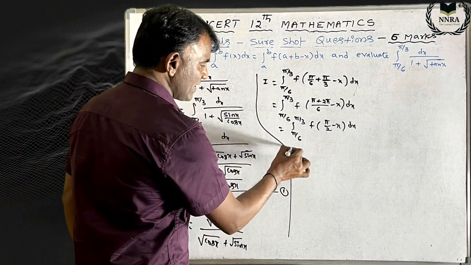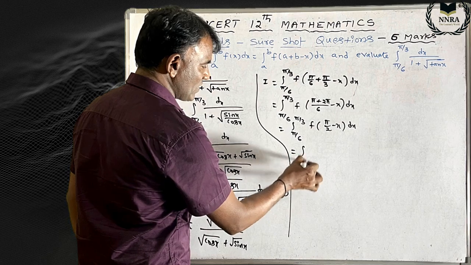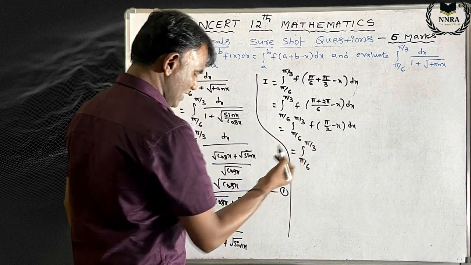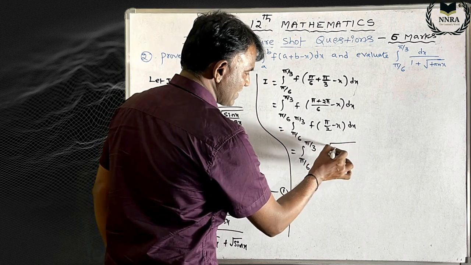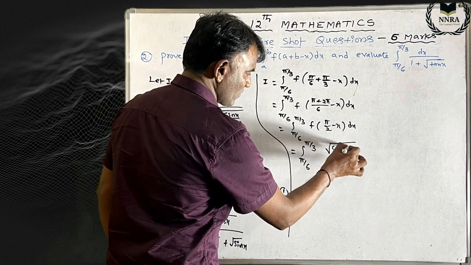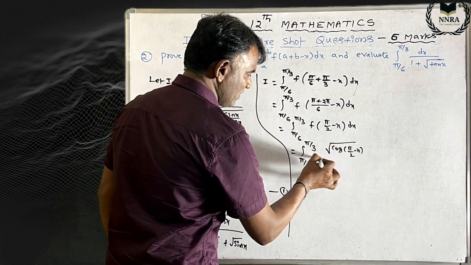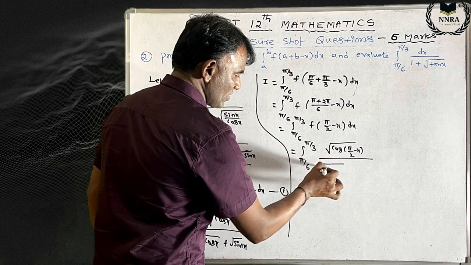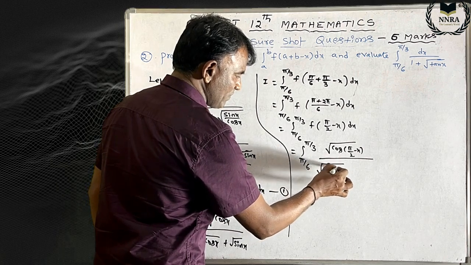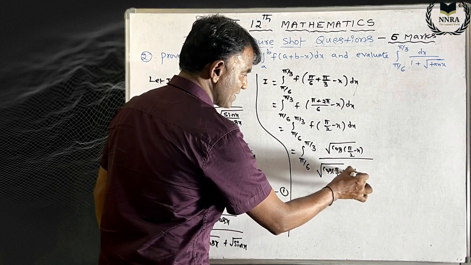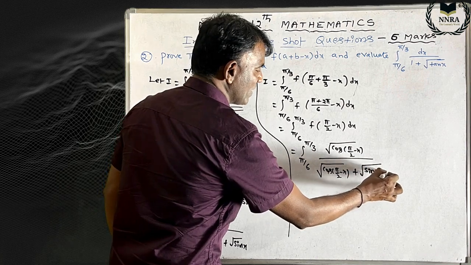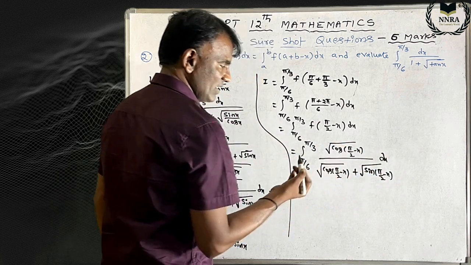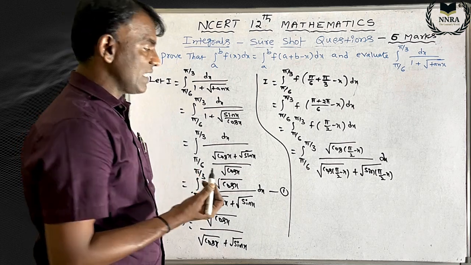Now how to write this value? Integral pi by 6 to pi by 3. Okay. Now root of cos of pi by 2 minus x is the numerator, right? And coming to denominator, square root of cos of pi by 2 minus x, again plus root of sin of pi by 2 minus x, then dx. So cos 90 minus theta is sin theta.